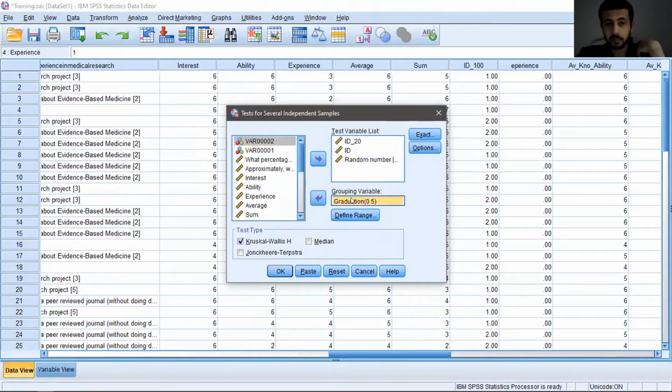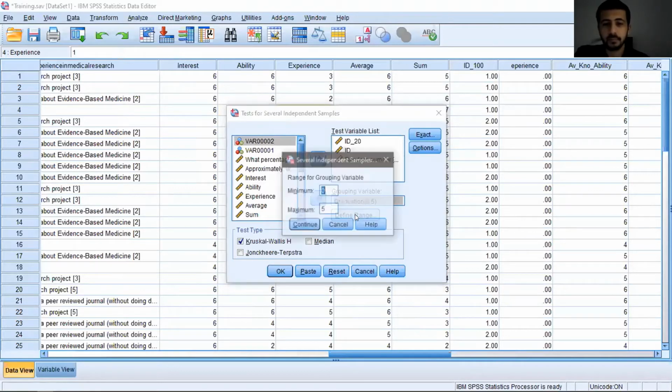Graduation, as you remember, we had 0 for not graduated, 1 for graduated, and 3, as I remember, for semi-graduated. This is something imaginary. However, when I put it here, it asks where I want to start my categories.